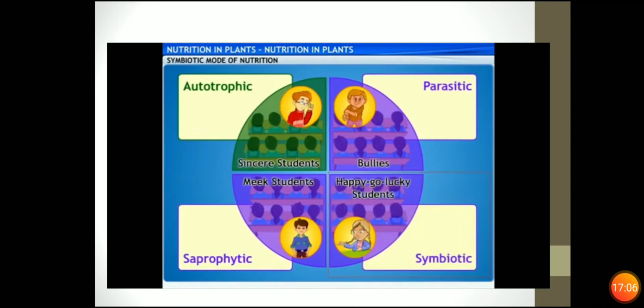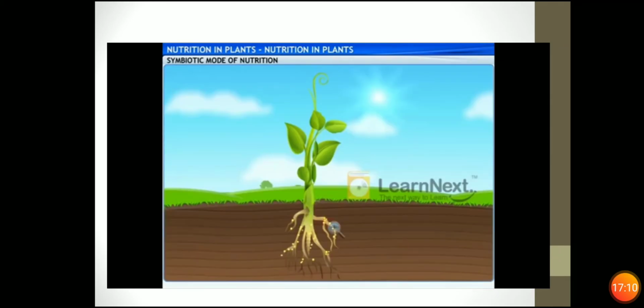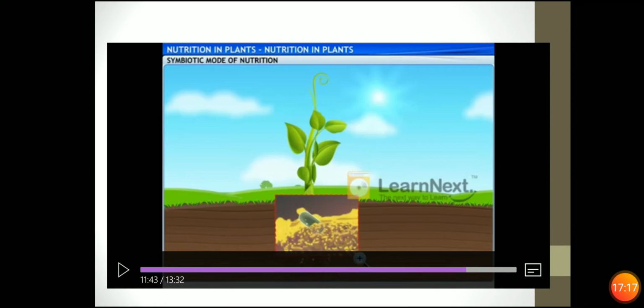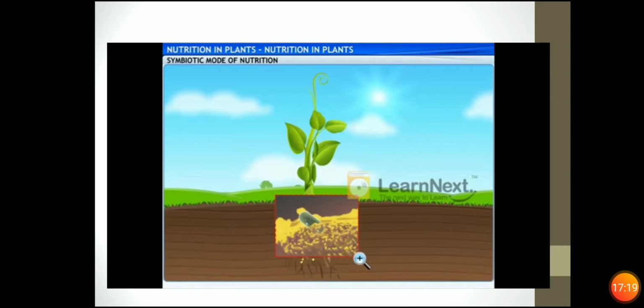Similar to the happy-go-lucky students who get their homework done in exchange for favors, some organisms live together and share shelter in exchange for nutrients. Now, previously it was explained that the soil contains microorganisms which convert atmospheric nitrogen into soluble nitrogen compounds. They help in converting the nitrogen into soluble form so that the plant can take it and synthesize the food.